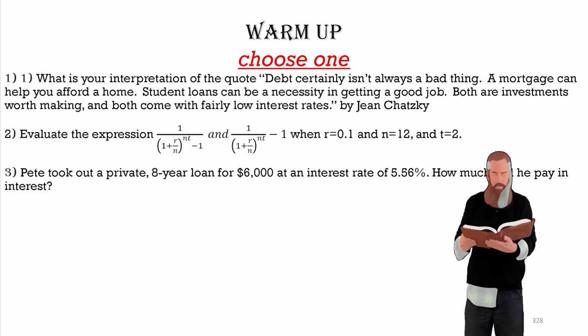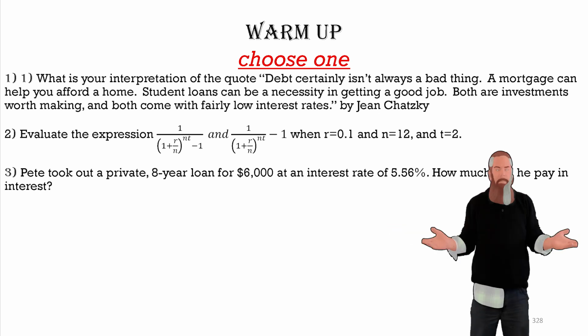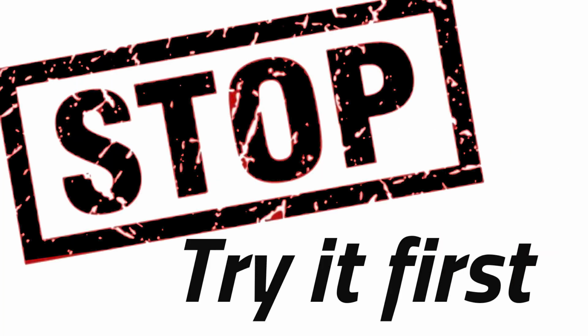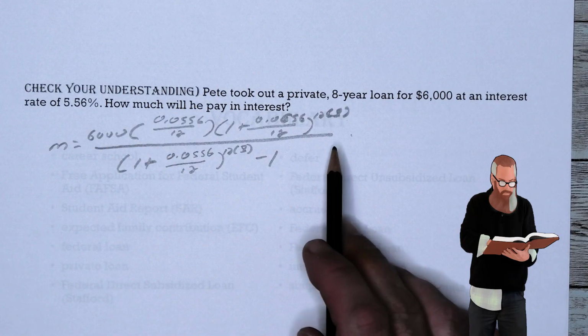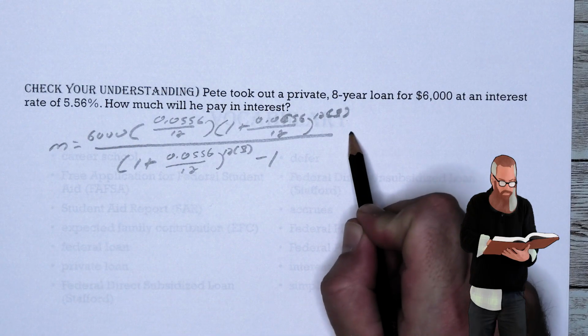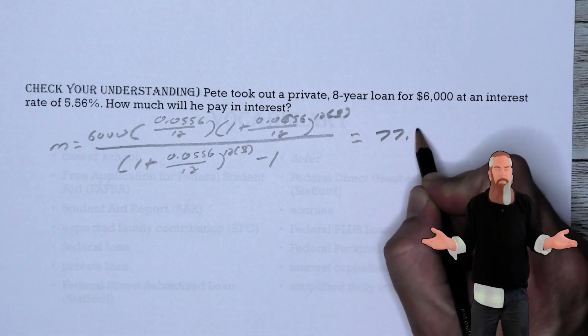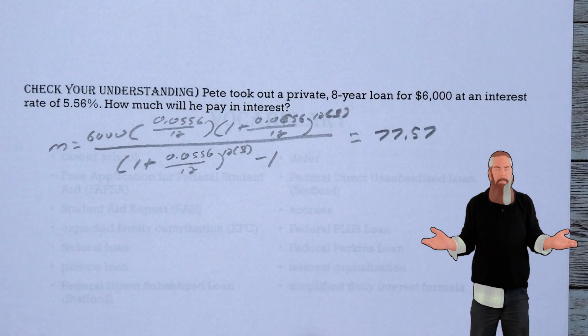Now let's take a look at a problem that you will be able to do by the end of this lesson. P took out a private 8-year loan for $6,000 at an interest rate of 5.56%. How much will he pay in interest? We should be familiar with this monthly equation at this point, and when we fill in the values and use our calculator, we get $77.57.